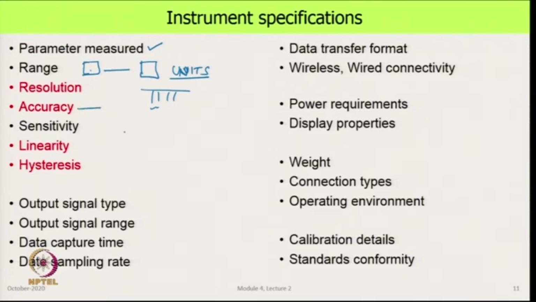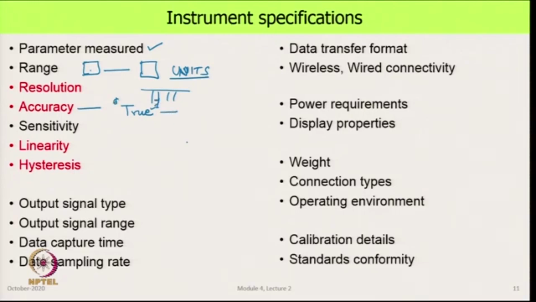Then there is accuracy. That means, how good is the data that you get from this instrument compared to the true value. And as we have said earlier, true value is never known.